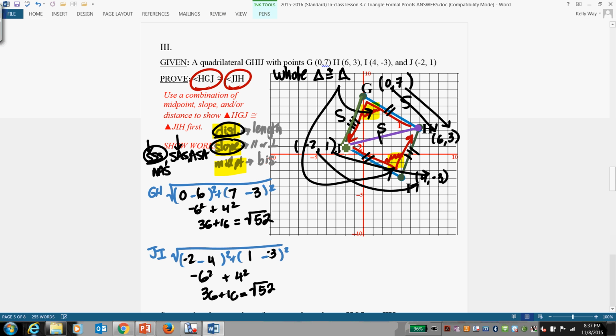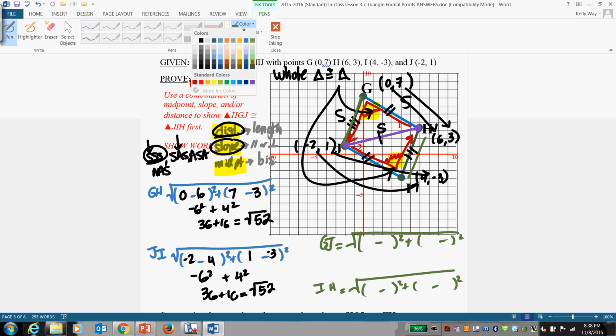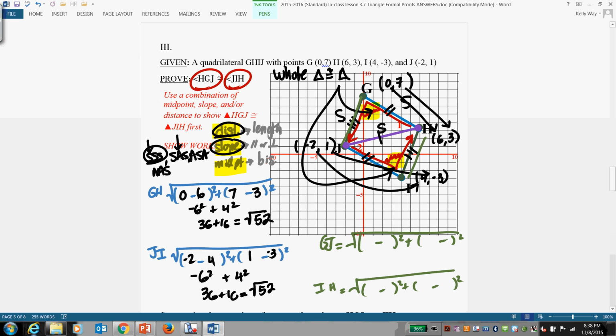Now we're going to go G to J. Again, start with the template. And we're going to go IH. x minus x this way, that's going to be -2 and 0.